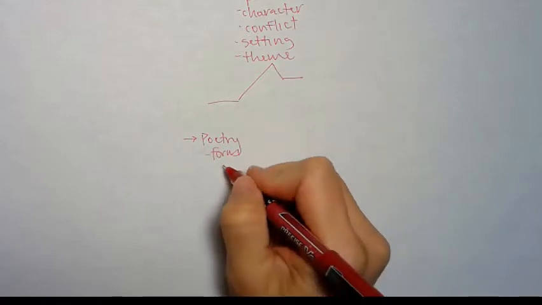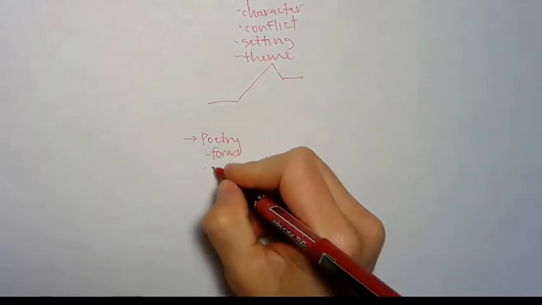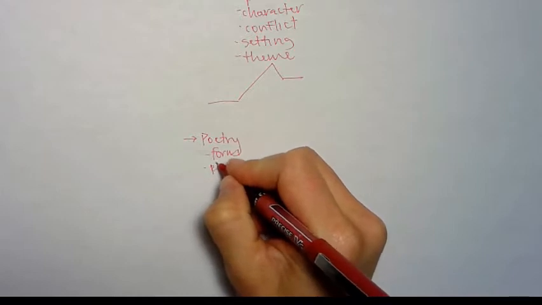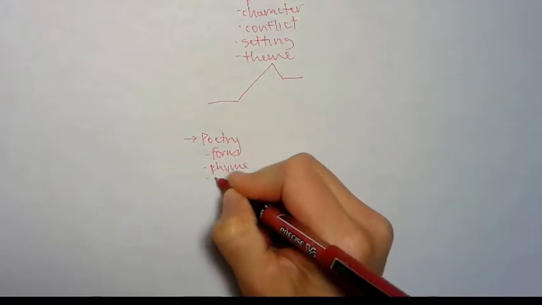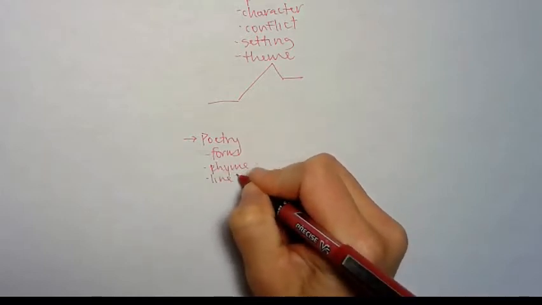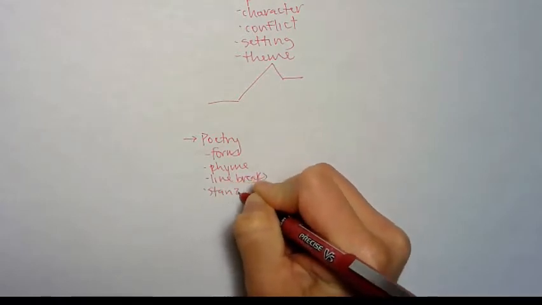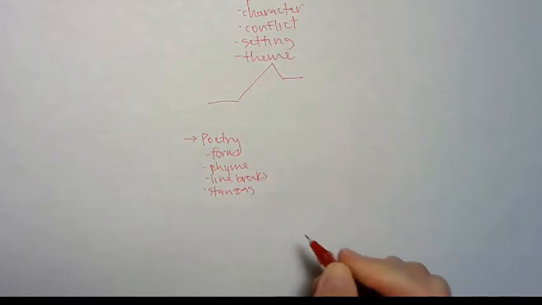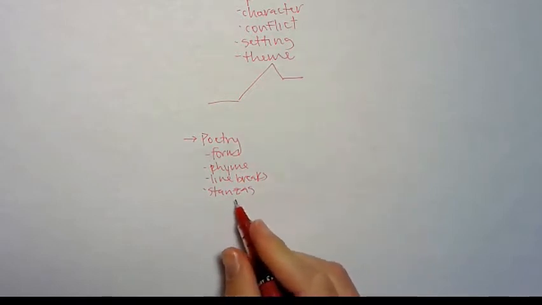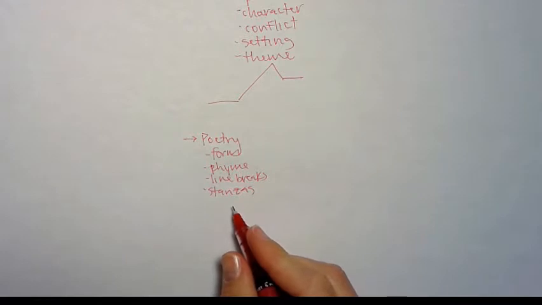That dictates its structure. So you're looking then at maybe rhyme. You're looking at line breaks and stanzas and lots of other poetic devices. Okay, so these things are choices that the poet makes with the organization of their poetry.